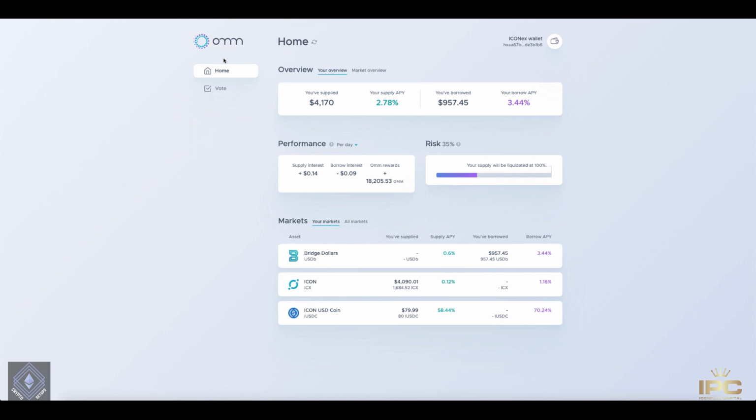They give you governance votes, so we can start things like adding new assets to the protocol, changes you want to make, all kinds of things, which is covered in the white paper as well, which we'll tackle separately. But at the start, this is how the protocol works, a quick overview, how you supply assets and borrow assets. You can see it aggregates all the information for you very clearly.